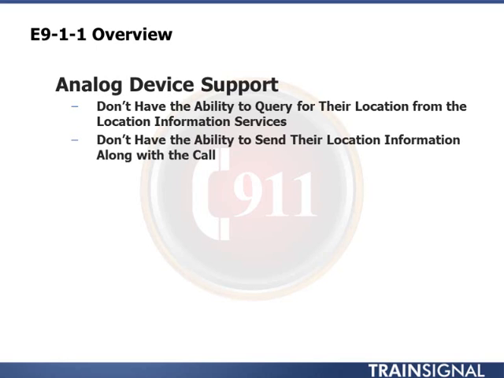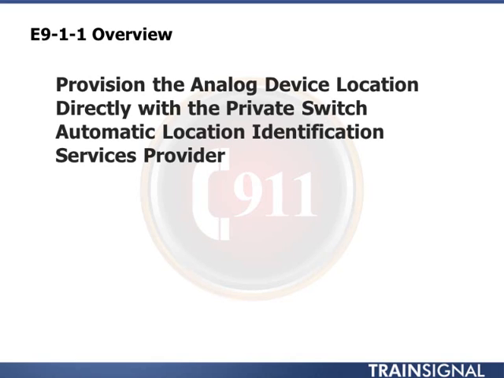The first choice can be used in environments where all of your locations have PSTN gateways and your clients are configured for direct inward dialing. In this type of environment, you can provision the analog device location directly with the private switch automatic location identification services provider.